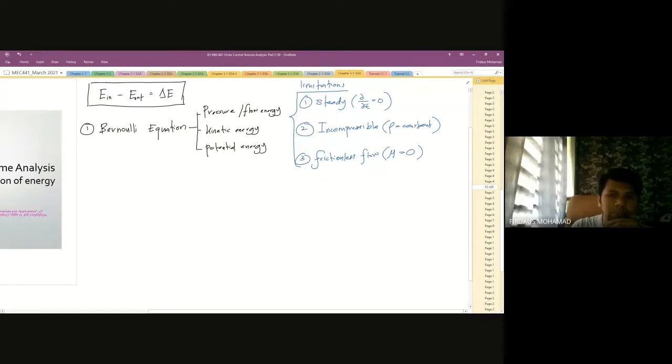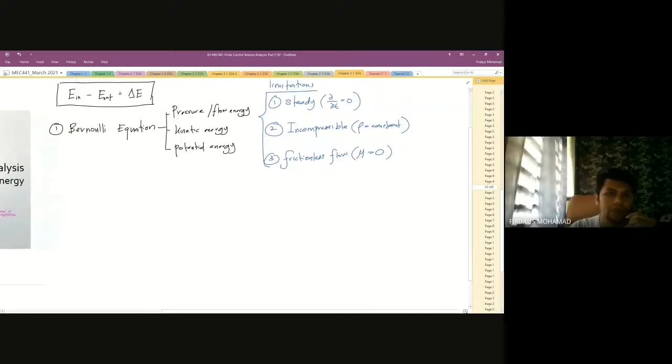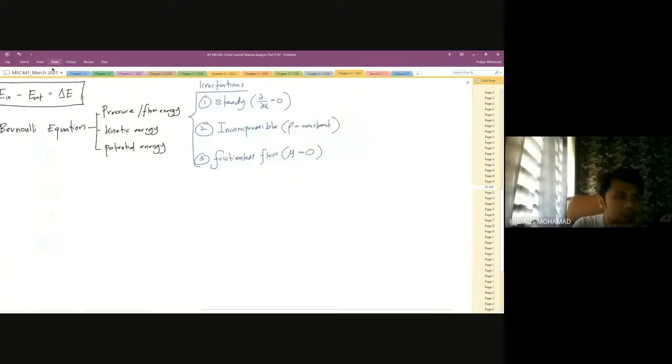Okay, so for example, in order to illustrate the limitation in graphical terms, let's say you have this wing, a standard aircraft wing.